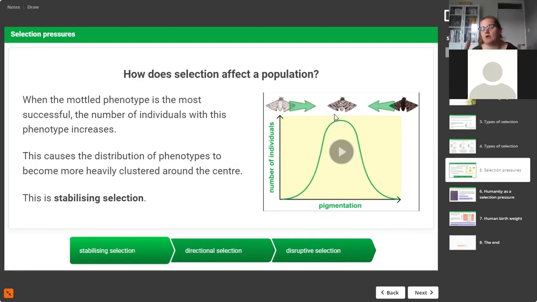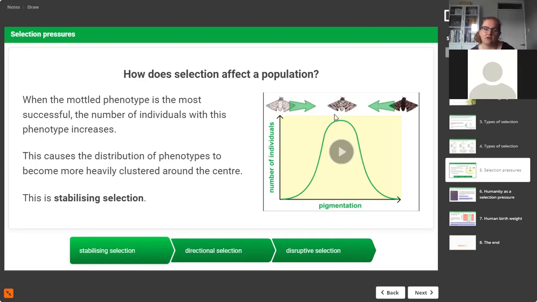The Industrial Revolution came along, so everything went really dark. The black moths survived a lot better because they camouflaged in a lot better with the trees. So then it was directional pressure again to the opposite end. And then we can actually get this mottled one to look at in the middle.